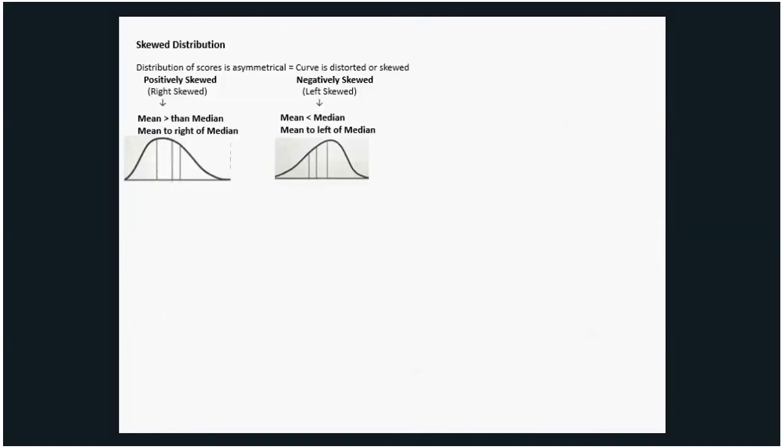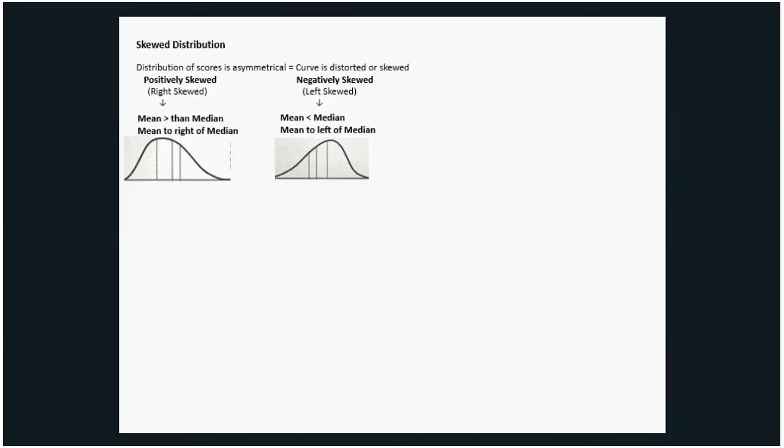So let's look at some more examples of this, because what I will probably do is ask you a question, give you a little picture like this, and then ask which of the following pertain to this representation. Is it skewed to the left? Is it skewed to the right?